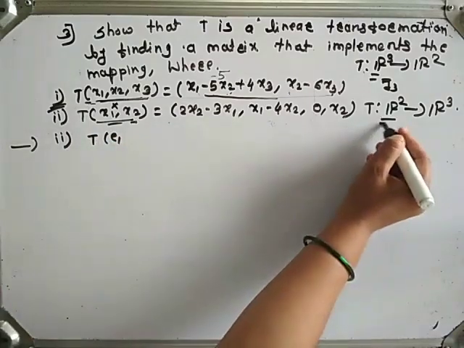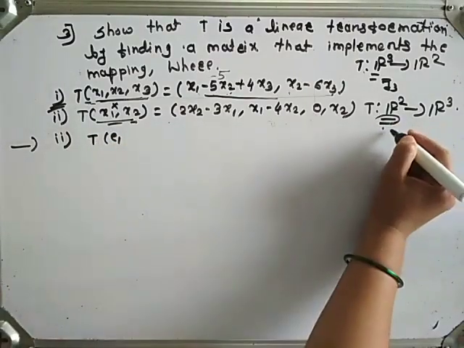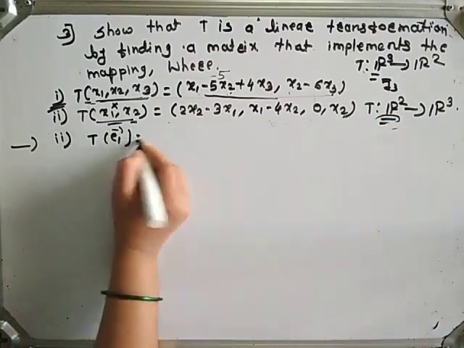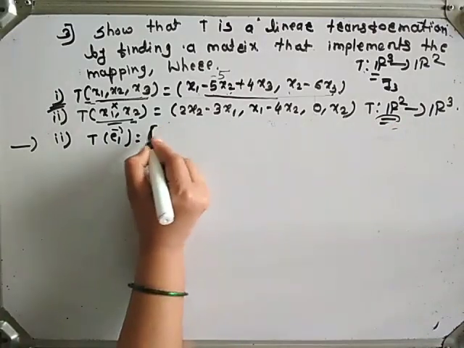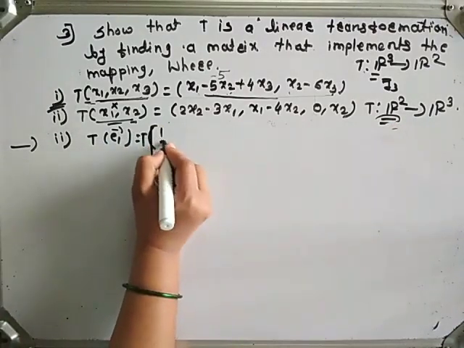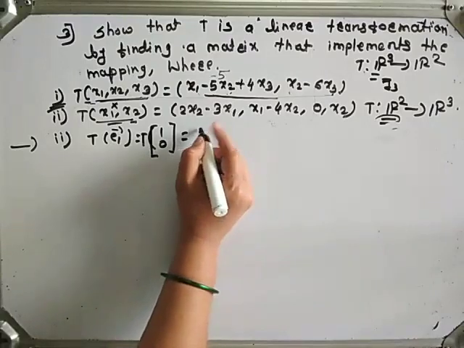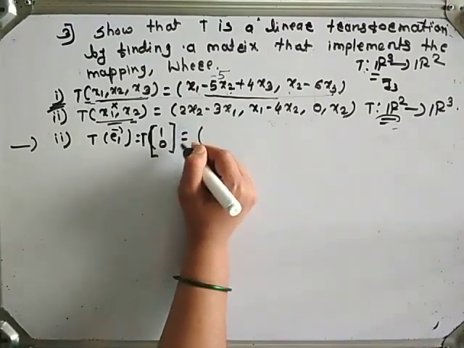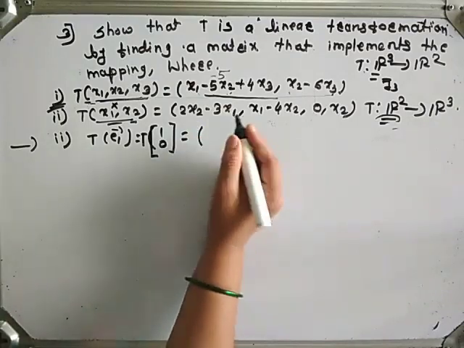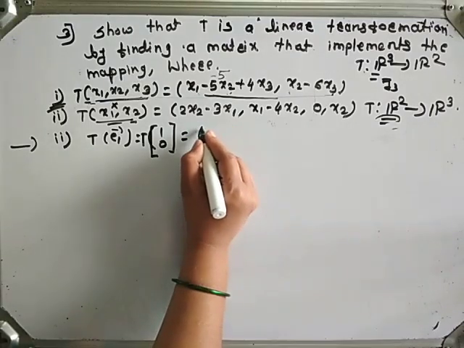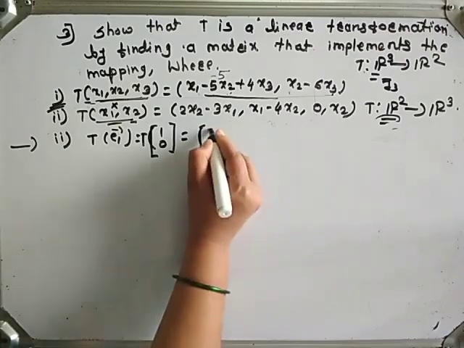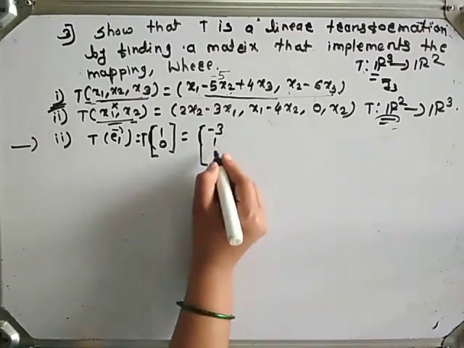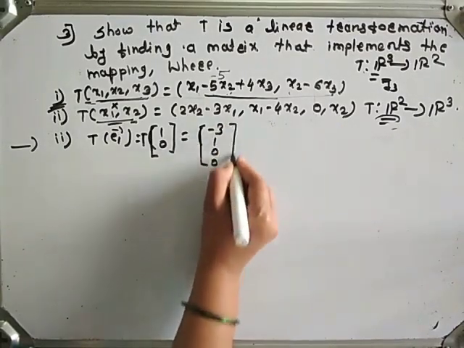Here we require 2 columns of identity matrix I2. So T of E1 bar is equals to T of 1 0, which is nothing but matrix minus 3 1, next is 0 0.